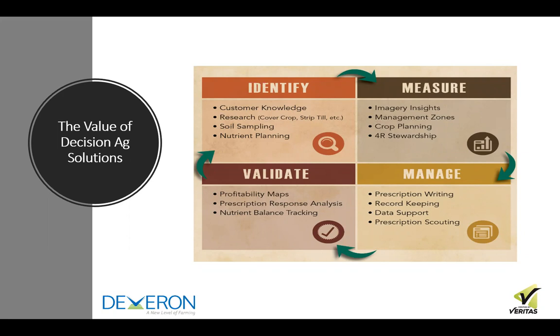Many companies offer the first 2, identifying and measuring. Precision ag companies can offer the first 3, but there needs to be a lot of work in showing that validation piece. So the point today is to show how to better validate your fields and learn from your prescriptions to make better decisions moving forward.